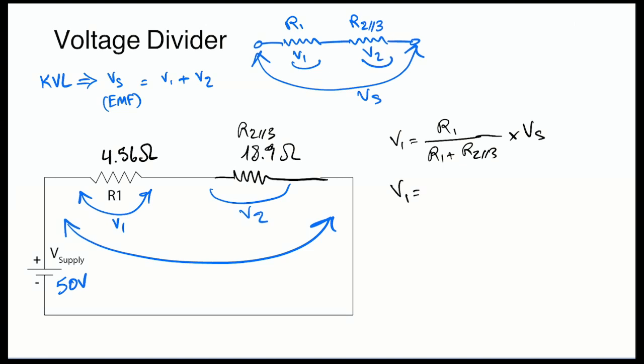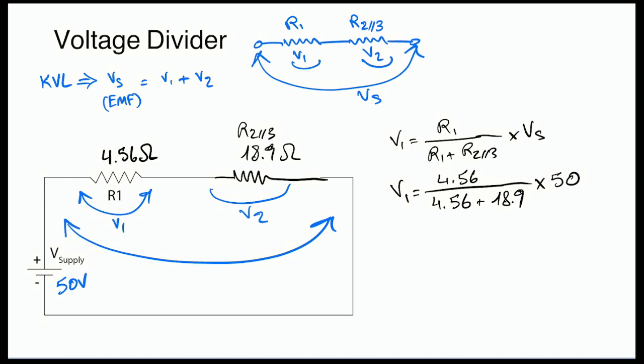So V1 is going to be R1, that is 4.56 ohms divided by 4.56 ohms plus 18.9 ohms multiplied by the voltage supply, which is 50 volts.